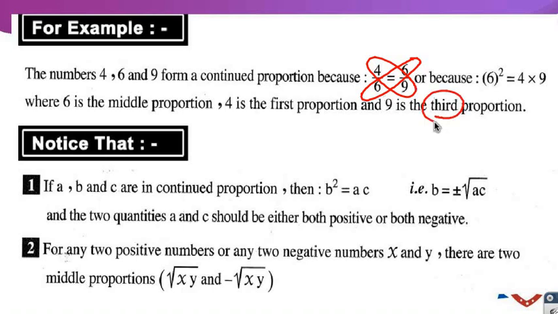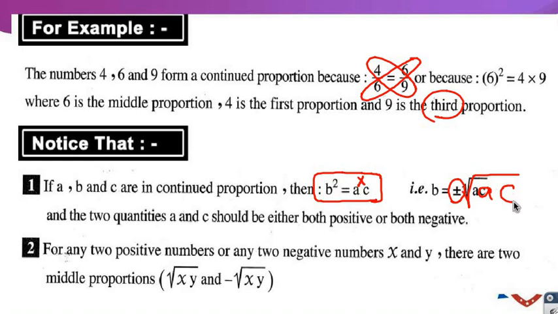We notice that if A, B, and C are in continuate proportion, then B squared equals AC. B squared, the middle proportional, equals the product of the first and the third. Then B equals positive or negative the square root of the product AC, the first times the third.